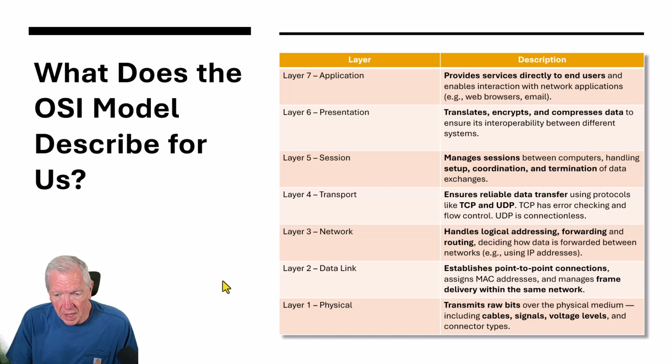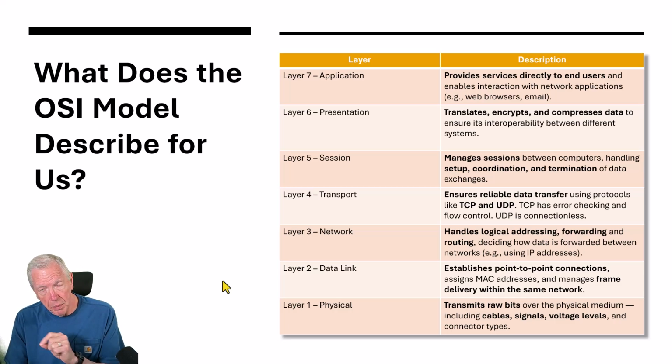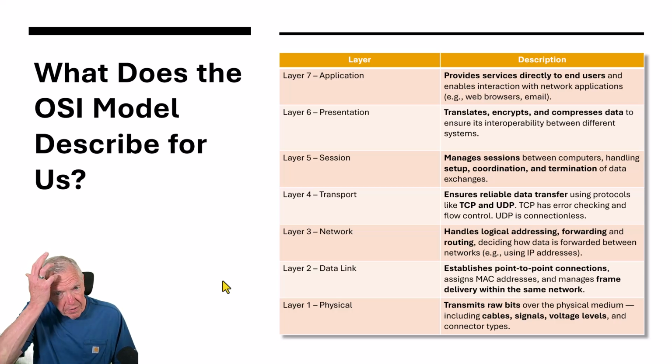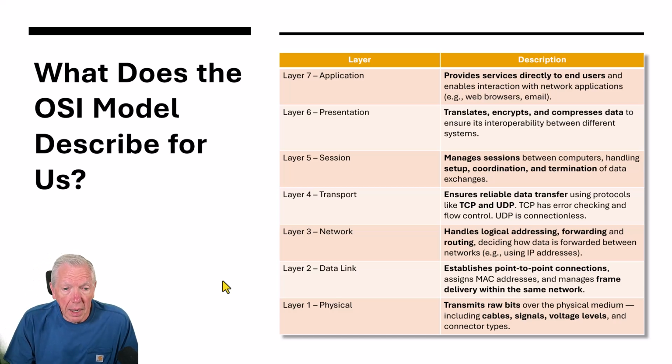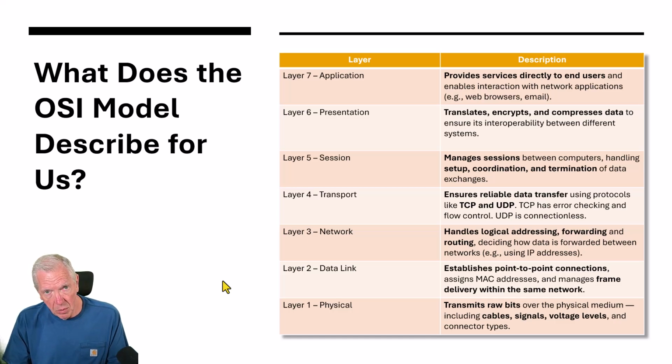Then there's layer 2, which is the data link layer. Now this is establishing a point-to-point connection. Now this is very, very interesting. I'm going to do a follow-on video to this to show you how this works, but computers have what's built into them, what is called the media access control number.